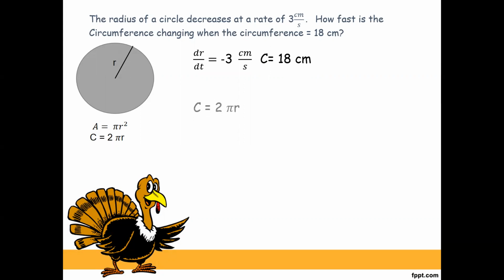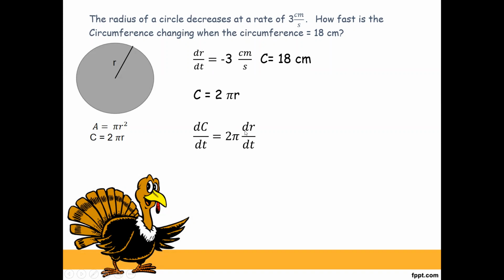All right. Since we're talking about circumference, we're going to use this formula. Taking the derivative, the derivative of pi is a constant, so we don't use the product rule. The derivative of 2 pi r is 2 pi dr/dt. The derivative of circumference is dC/dt. So dC/dt equals 2 pi dr/dt.